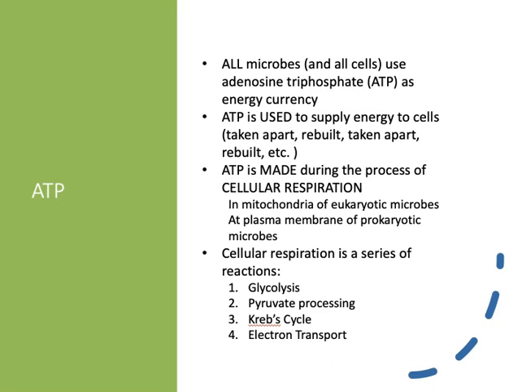Cellular respiration is an incredibly complex process. It involves a long series of reactions that we can divide into 4 separate processes. It begins with glycolysis. It moves into pyruvate processing, followed by the Krebs cycle, and finally electron transport.